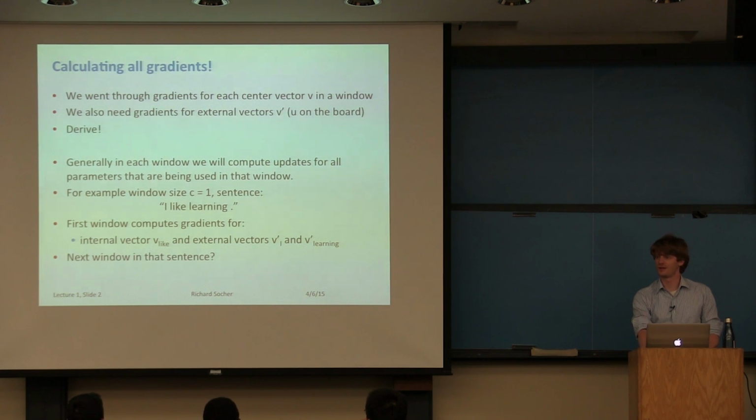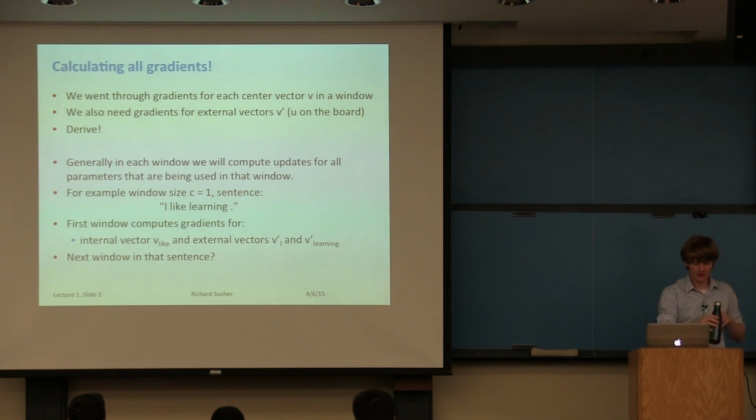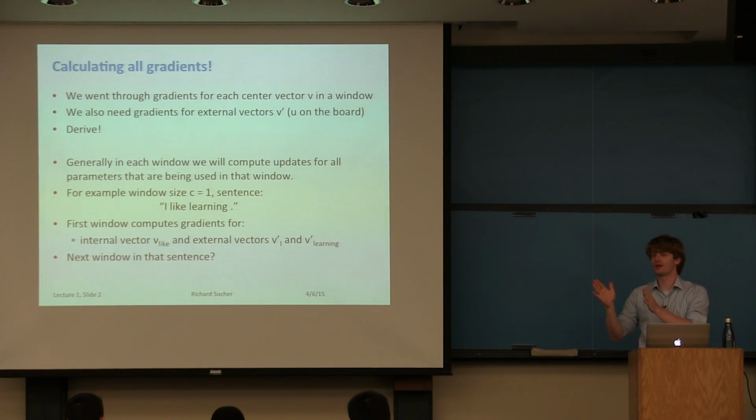Okay. Are there any questions about that? Is this the last window that you would do, or would you go one further? That's a good question. So far in the lecture, I haven't gone through that, but it is actually a good detail.